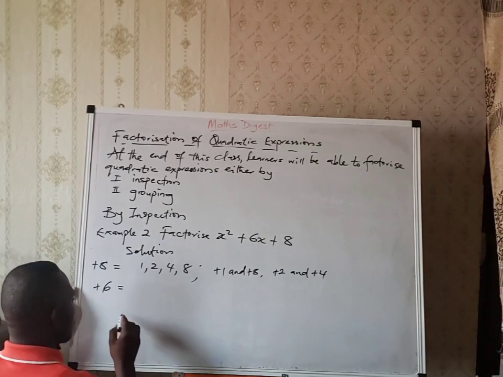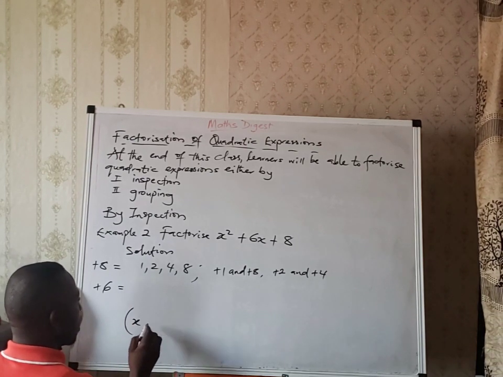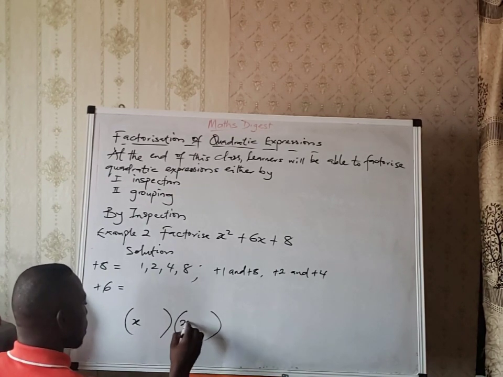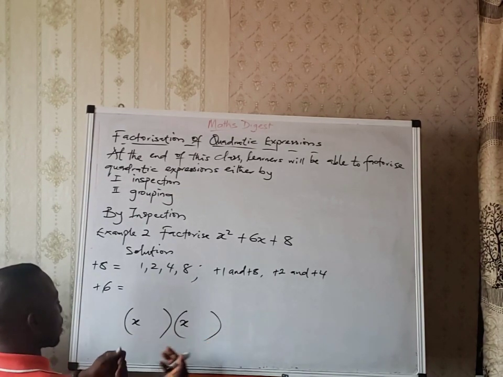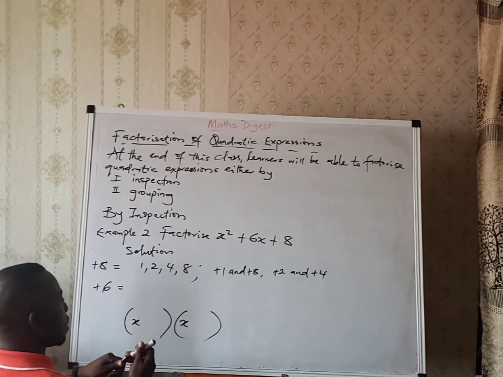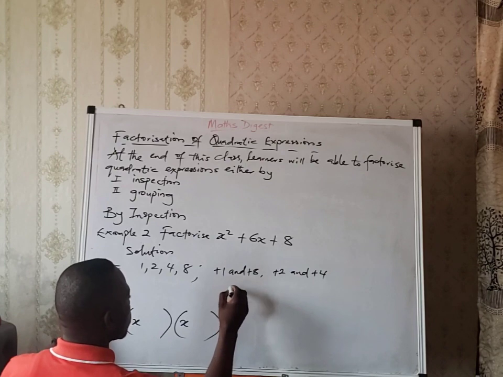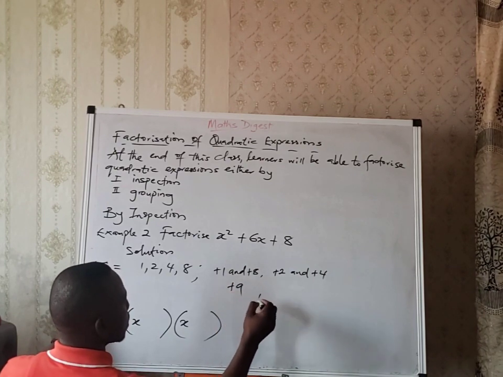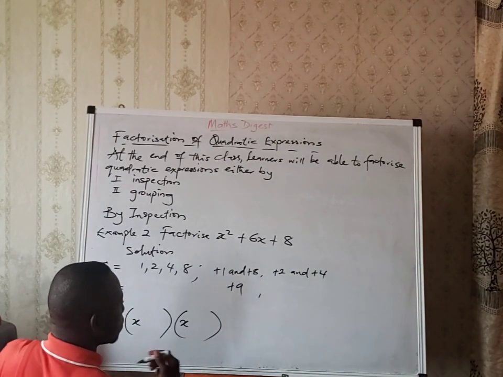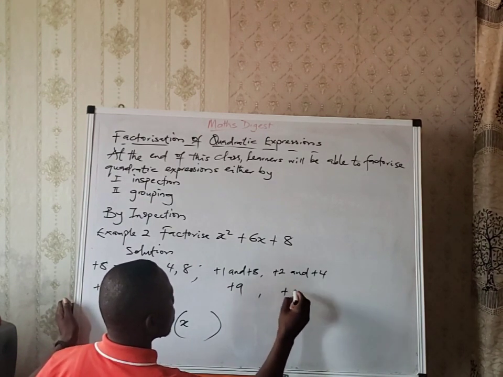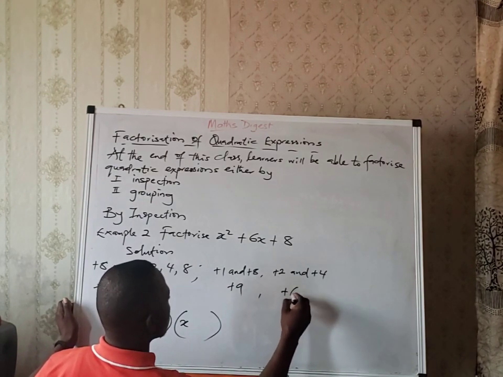Since our intention is to fill in this bracket, we have x here, we have x here. Now adding this will give you plus 9. This is not the desired combination we're looking for. Adding this will give us plus 6.